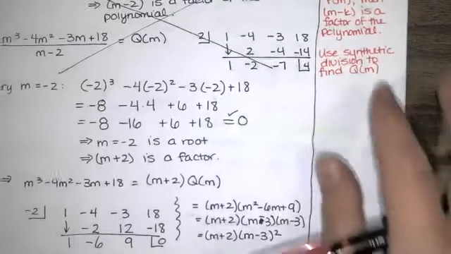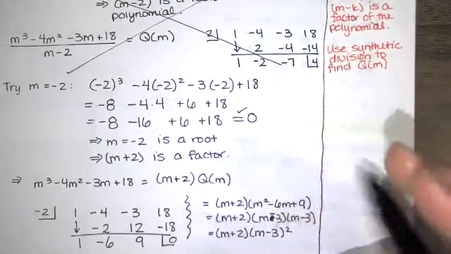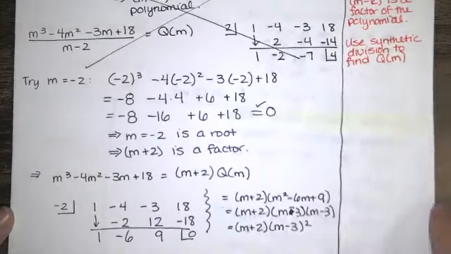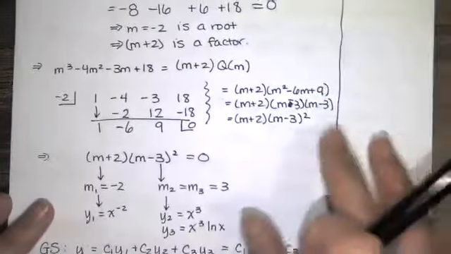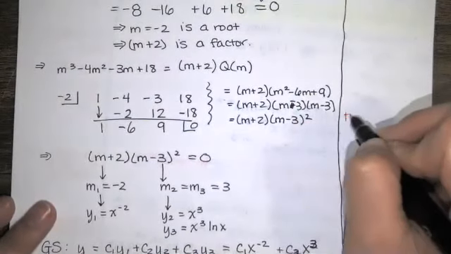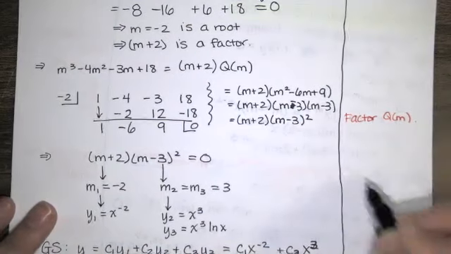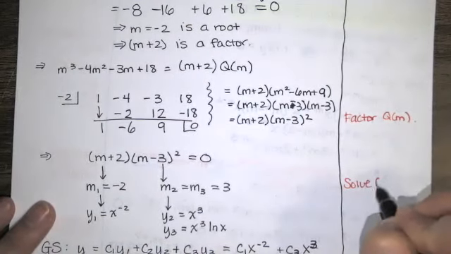So we're using synthetic division to find that quotient. And I actually did that down here. And then we factored the quotient as much as possible. Then we solved for m1, m2, and m3.